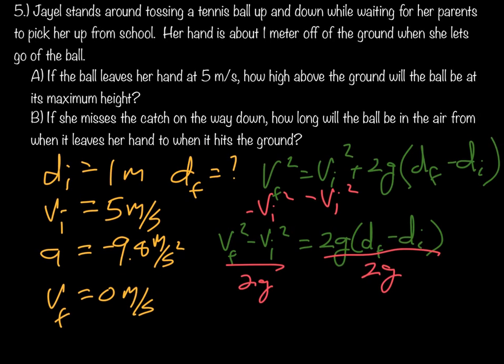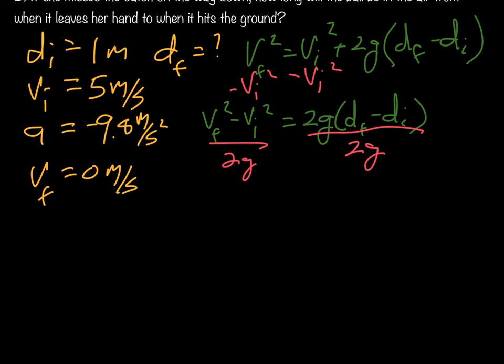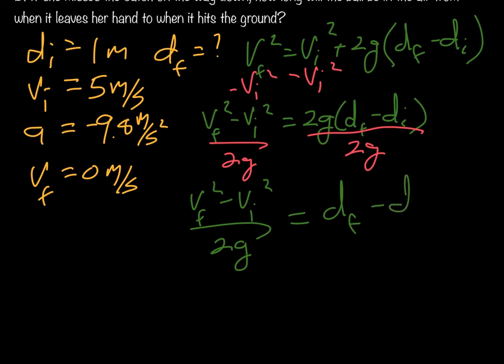And let's go ahead and move this up so we have a little more room. We now have the equation VF squared minus VI squared divided by 2G equals, now I don't need the parentheses because everything else is gone.